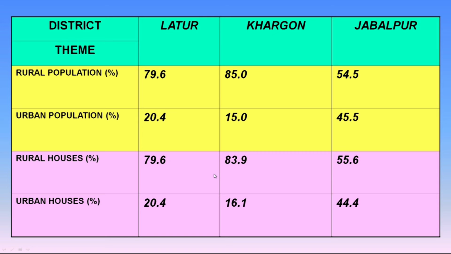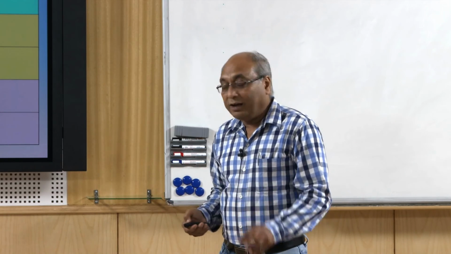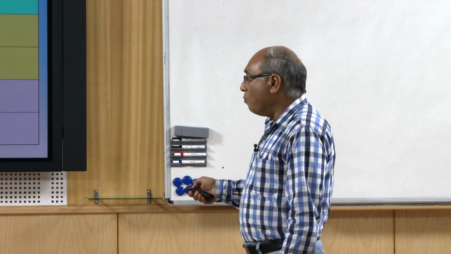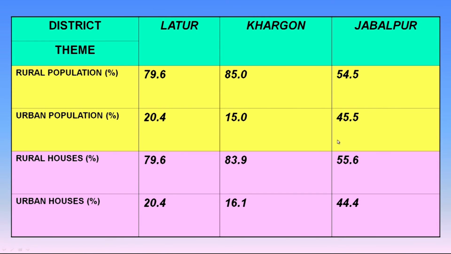If an earthquake of similar magnitude had occurred in Khargone instead of Jabalpur or Latur, then 84% of houses at that time were rural houses. So, assuming the same density of population, the same number of people in that area as in Latur, more deaths would have occurred.